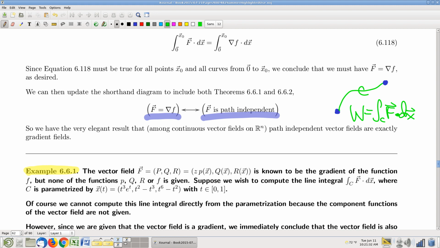Well, here's the thing. I could get this remote control from this point to that point by a straight line path, or I could, in fact, get there by a curved path like that, or maybe some wacky spiral path like that. Look, if there's going to be a well-defined amount of potential energy, then the amount of work that I expend should be independent of which path I take to get there.